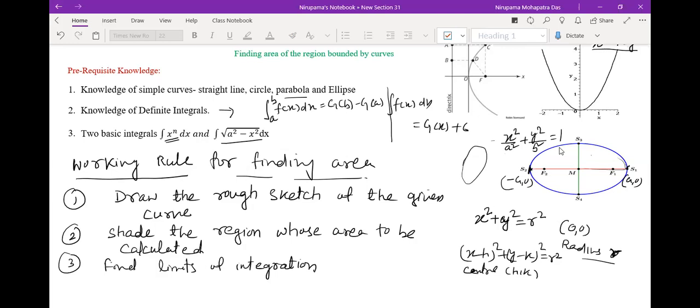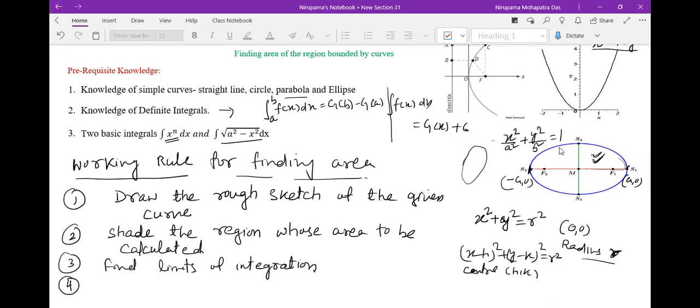If we find the area of any one part and multiply by 4, our problem will be solved. But whenever the region is bounded by more than one curve, we have to find the limits of integration by solving the equations of the curves. That we will discuss while taking the questions.